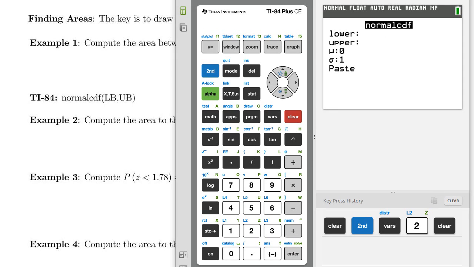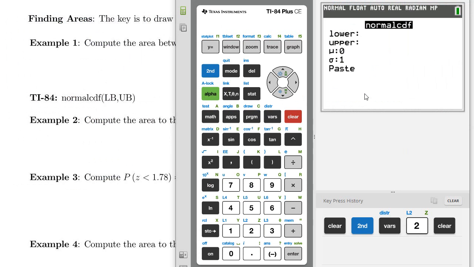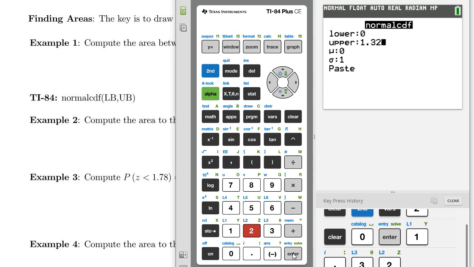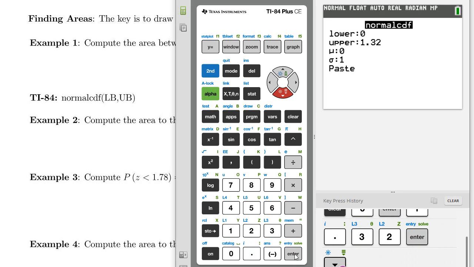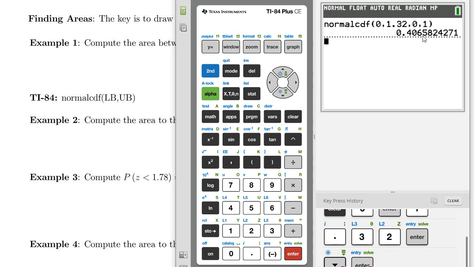Let's just clear that out. We want between 0 and 1.32. So our lower cutoff is going to be 0. Our upper cutoff 1.32. We don't have to do anything with the 0 and 1, so we'll arrow down and paste. And we get a value of, pressing enter again, 0.4066 to 4 decimal places.